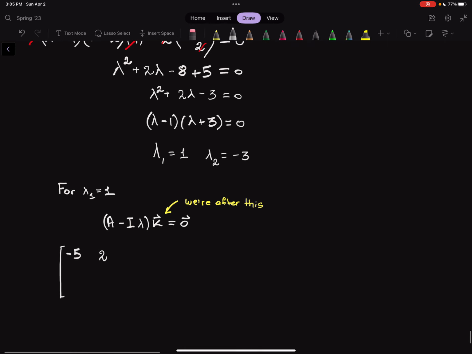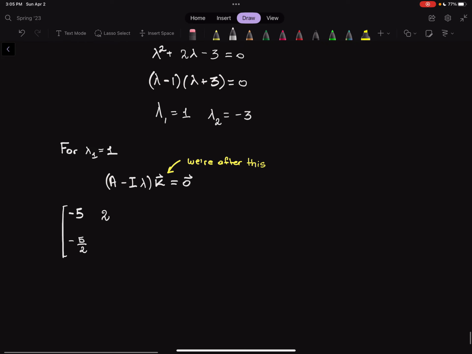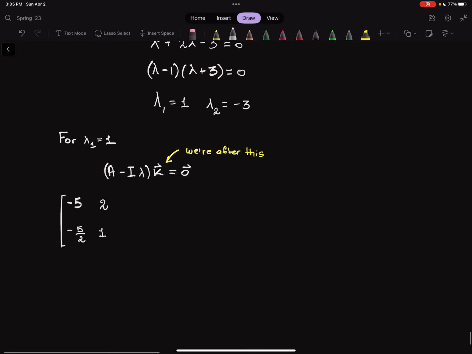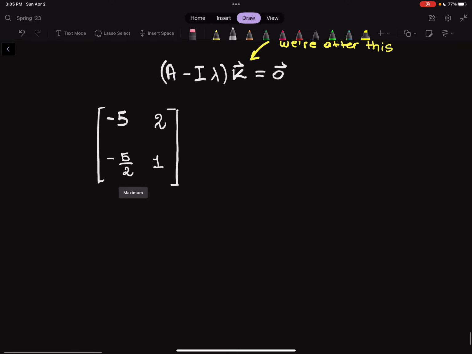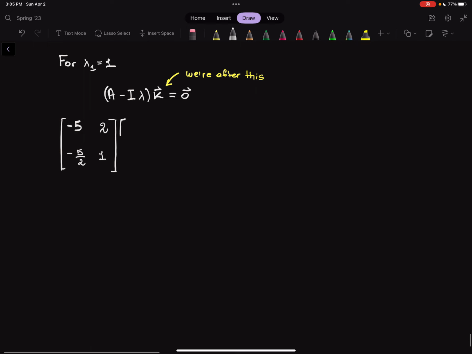Then -5 halves that stays the same. And finally, we're going to have 2 minus 1, which is just going to be 1. Now we close this, and we put the k, which we can say our first component and our second component of k, where k without the arrow on top is a scalar.